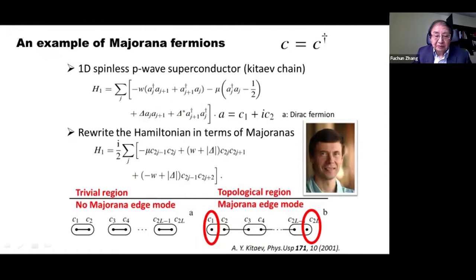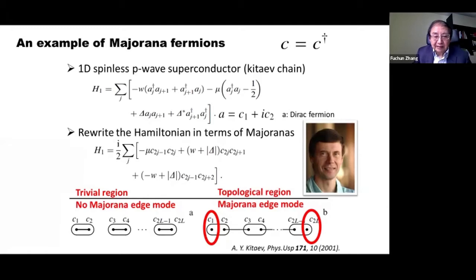It's a cartoon way to illustrate how you generate Majorana fermions, starting from Dirac fermions such as electrons. You rewrite a Dirac fermion in terms of two Majorana fermions. That is mathematics.